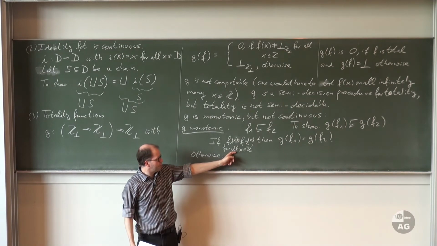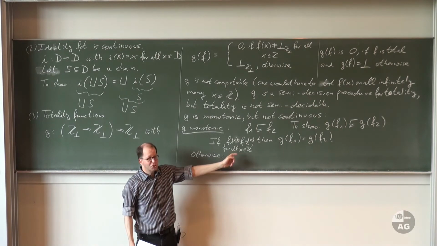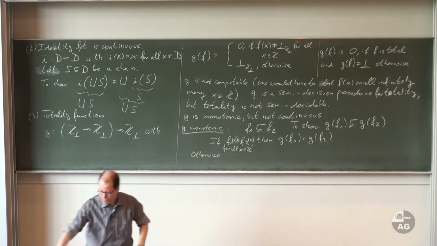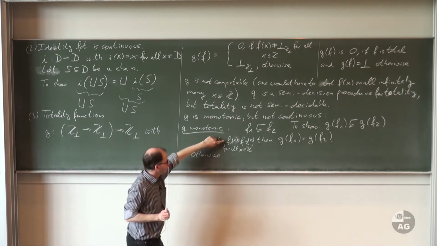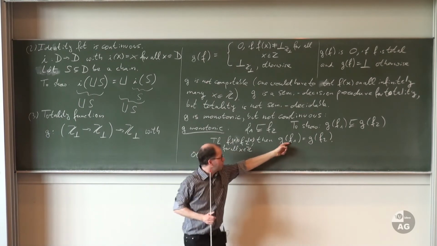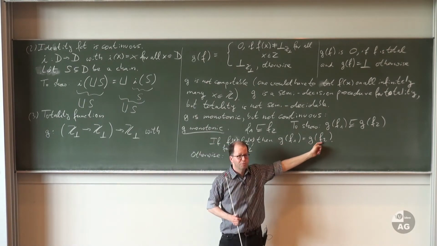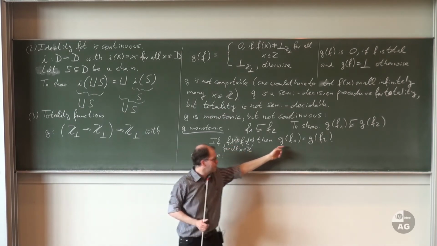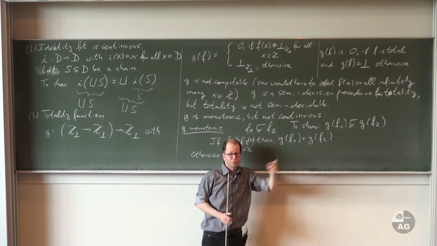G only checks the behavior on the integers. If they are both total on the integers, then G of f1 will be 0 and G of f2 will be 0. And if they are both not total on the integers, then G of f1 will be bottom and G of f2 will be bottom as well.